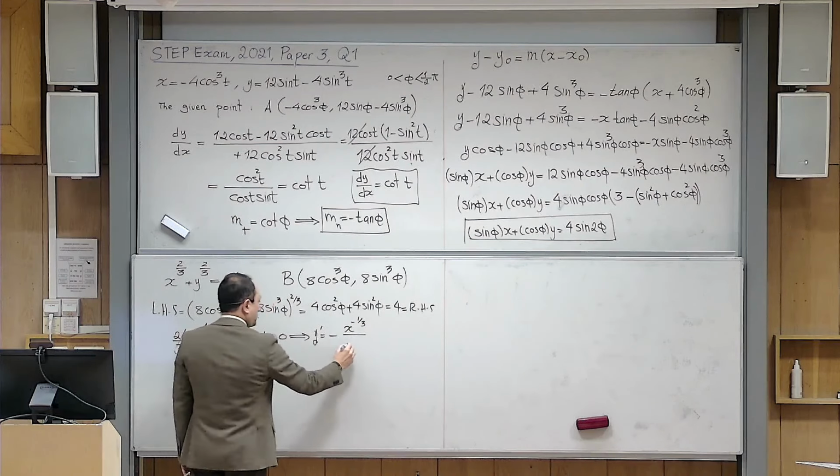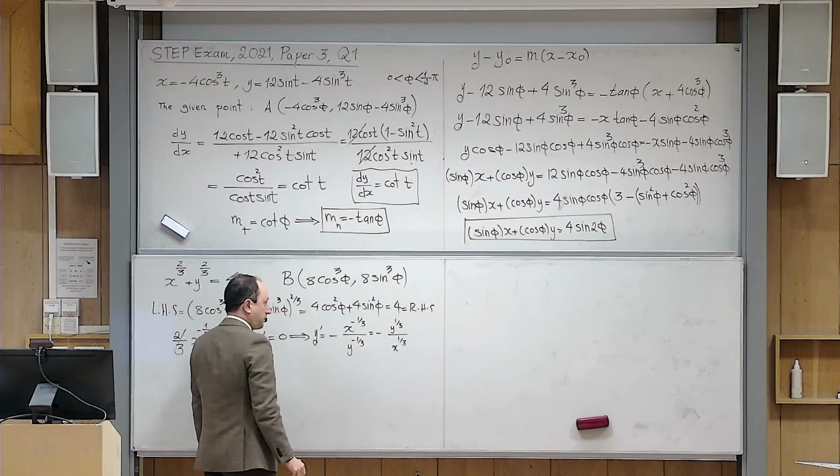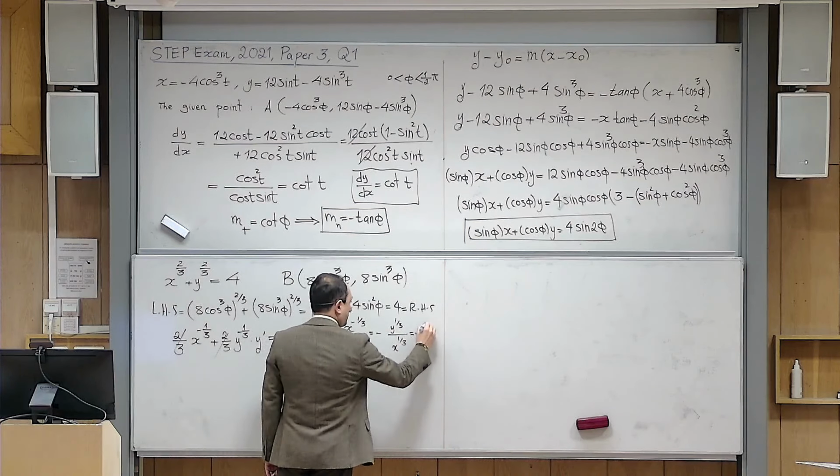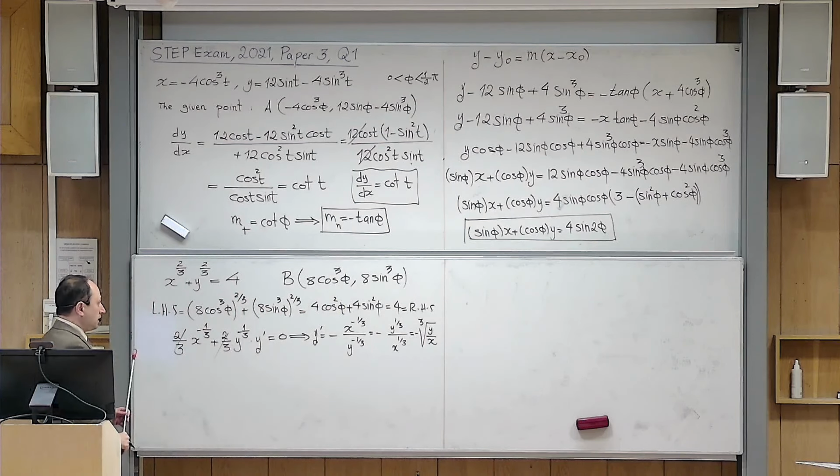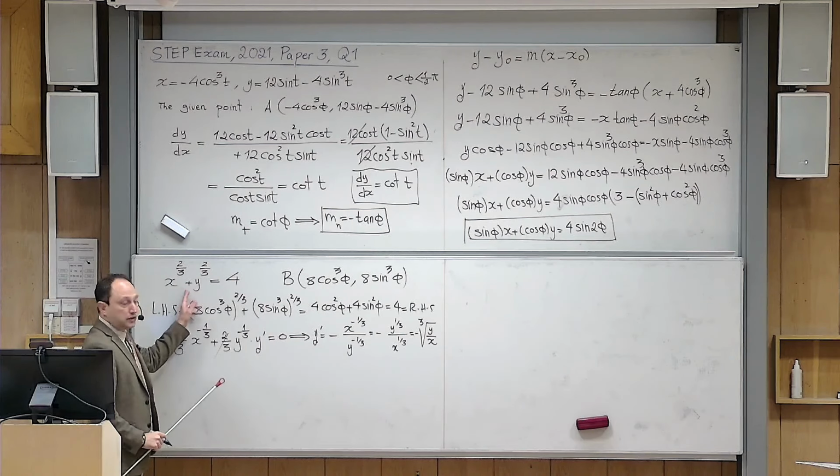So this becomes minus y to the power of 1/3 over x to the power of 1/3. And then I can write it as minus the third root of y over x. Okay, so this is the derivative of this function.